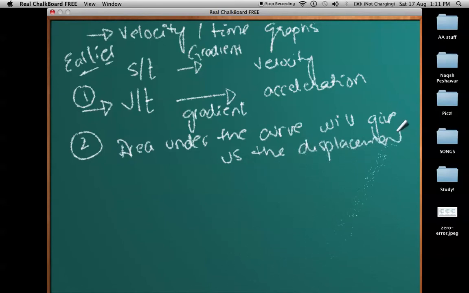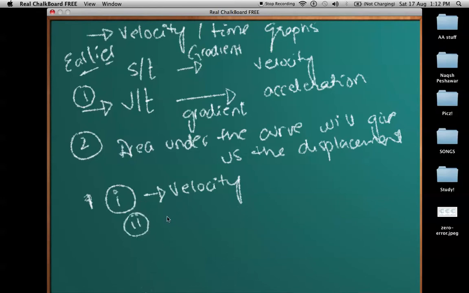So if we have a velocity time graph, the first thing that we can find from our observation is its velocity, and we can make a scenario for ourselves. The second thing will be finding the gradient to know about the acceleration.